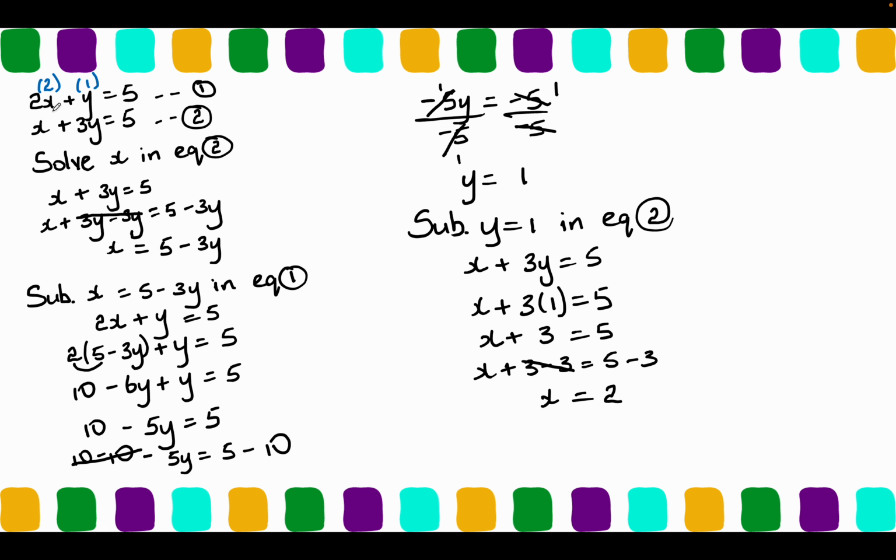Now 2 times 2 is 4, plus 1, that's 5. Alright, let's try the second equation. I'm just showing you how you can check your answer. Now 3 times 1, that's 3, plus 2, that's 5. So in both cases, the variables x and y that we got solve the equations.